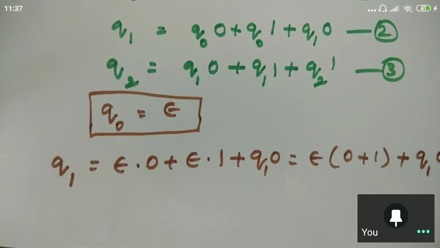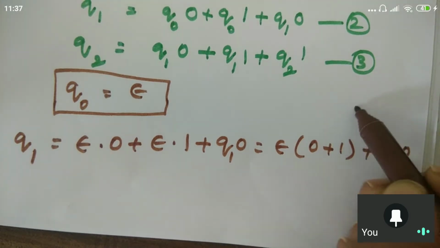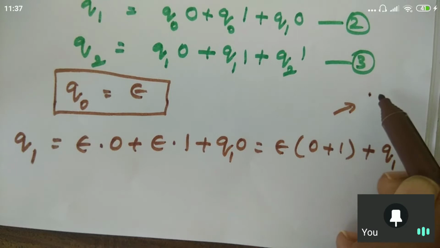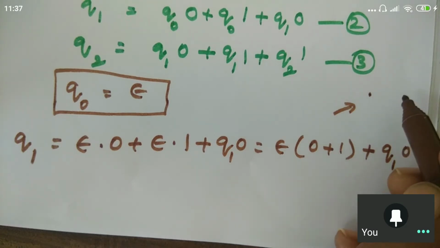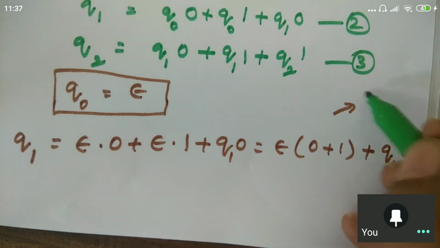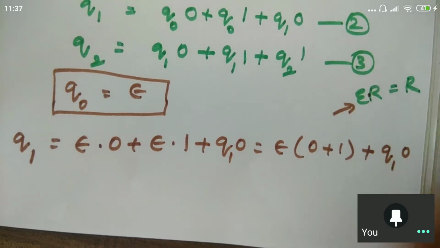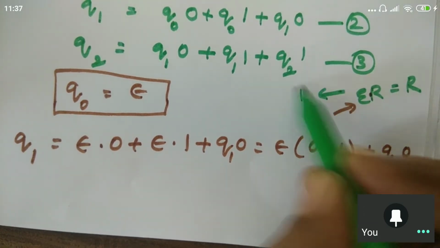Epsilon into r is r itself. This is the first identity rule that we discussed.